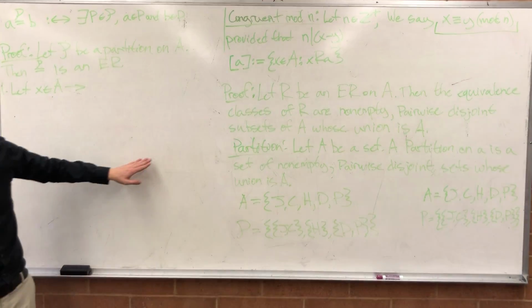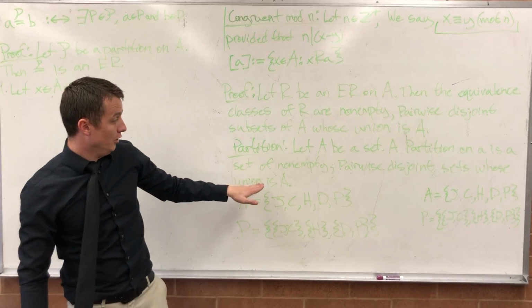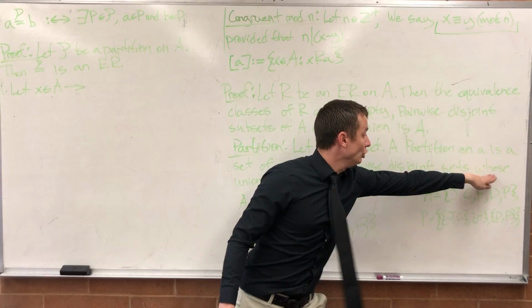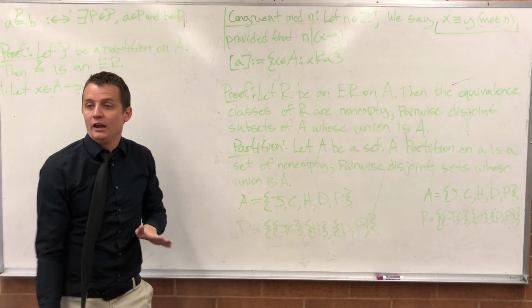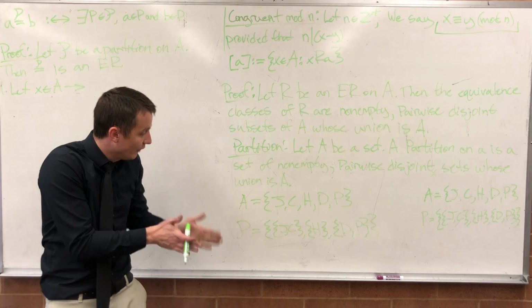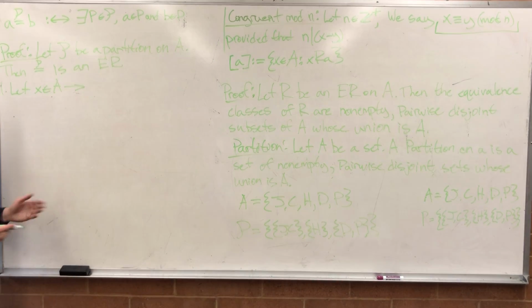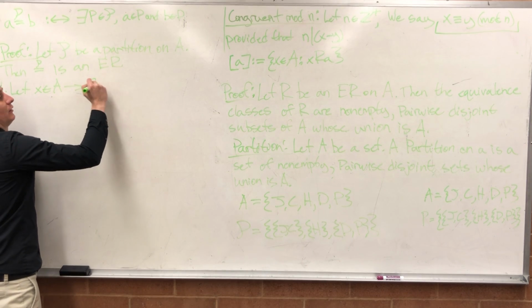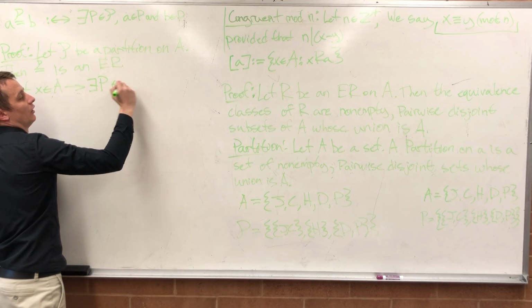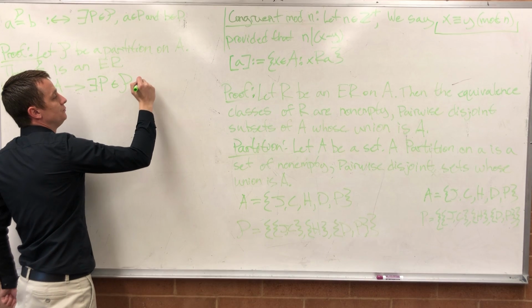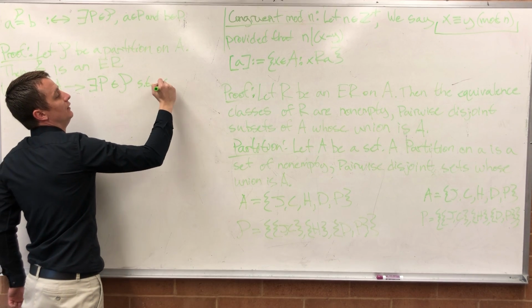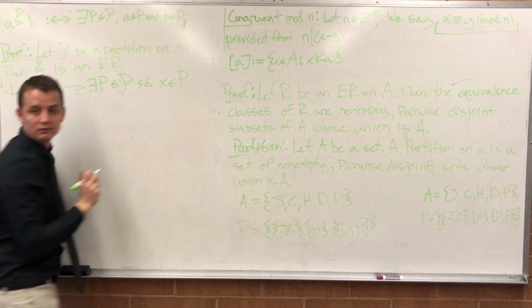What's the definition of a partition? Sets whose union is A. If the union is A, that means every element of big A has to show up in one of those parts. So I know that means that there must exist some part in our partition such that X is in that part.